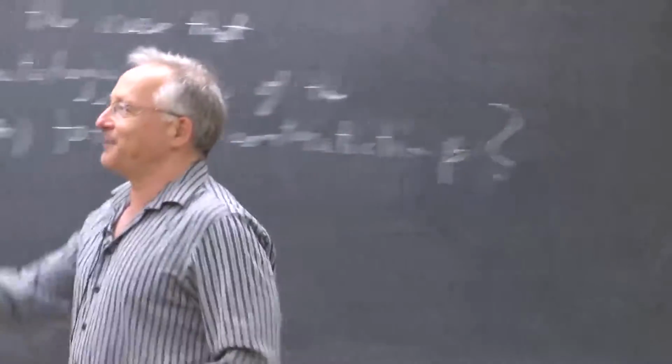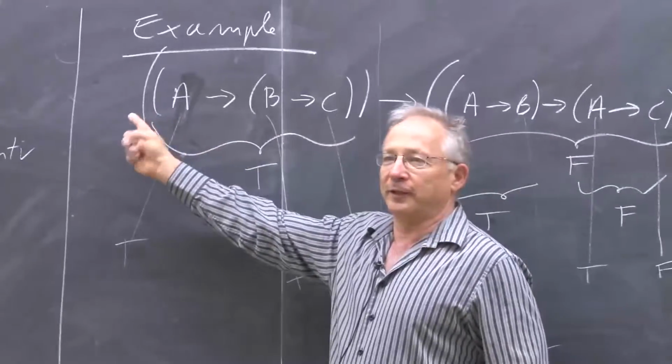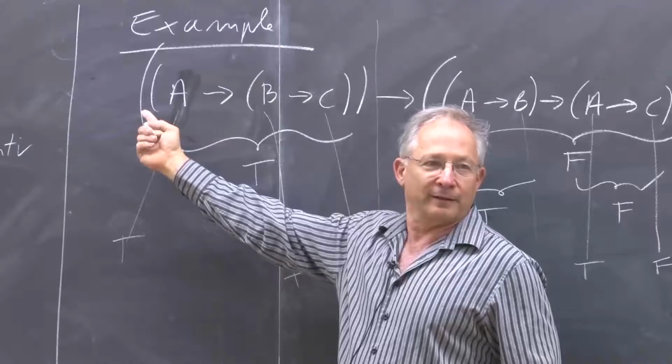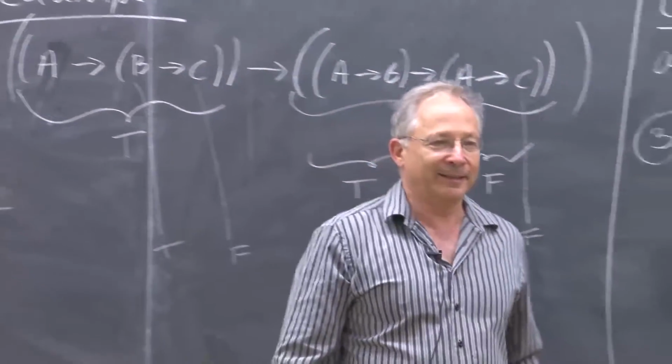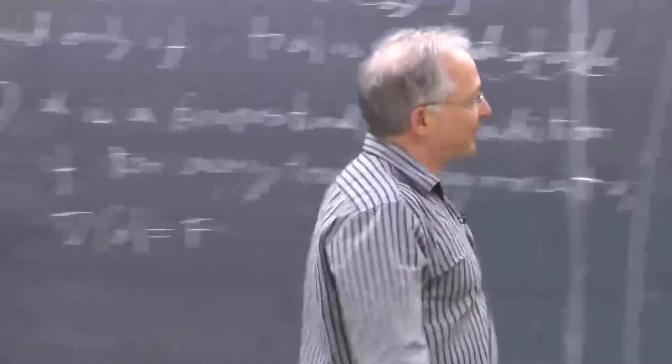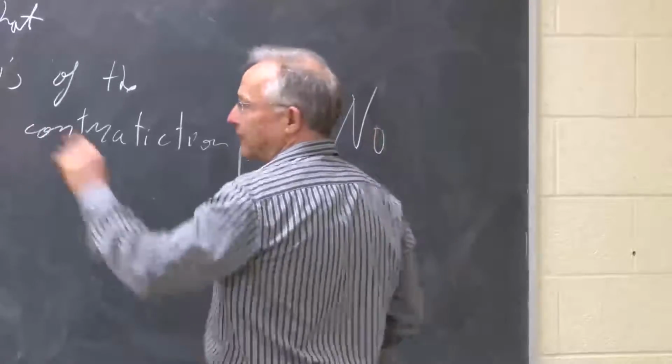Right, so here is a good example, right? Look at this one. This is not a negation of a contradiction because this is not a negation of anything. And it's still a tautology, right? So let's try another thing. So the answer is no, and we have the example there.